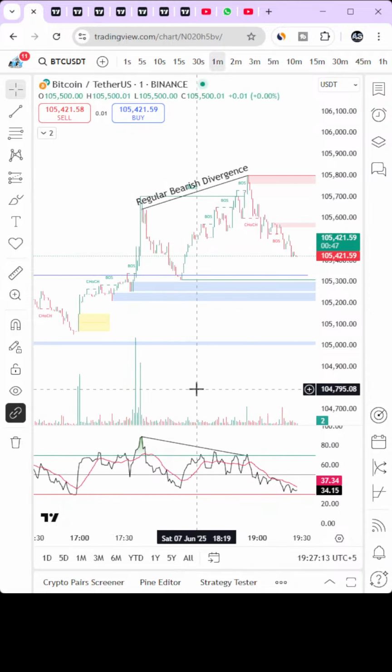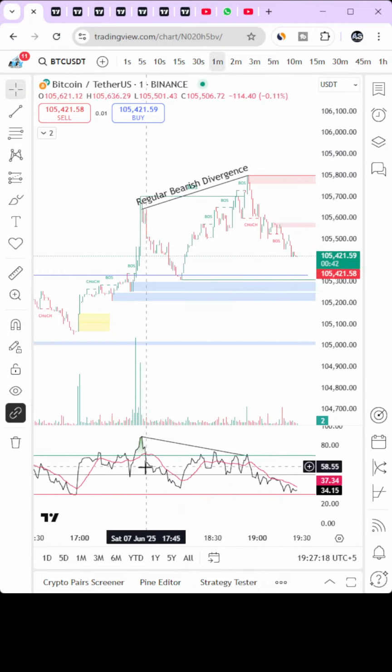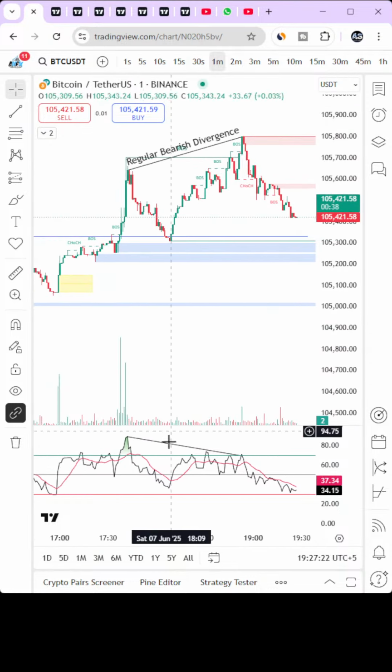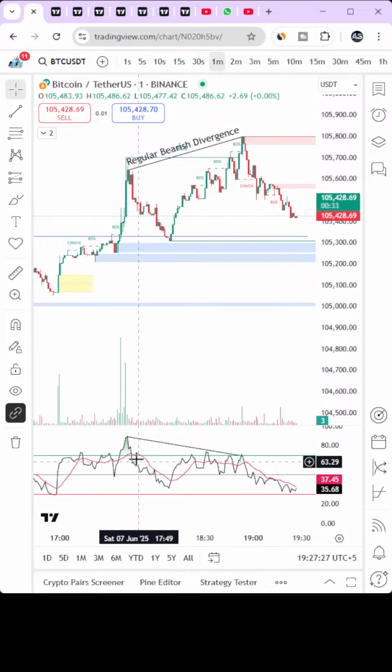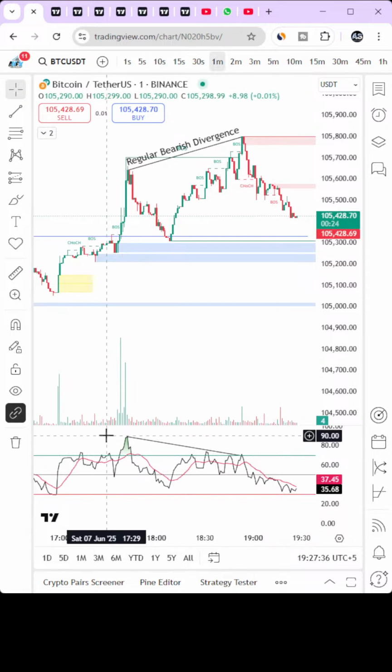Now you can see here the RSI was making higher highs, but at this point, after creating this overbought situation, which happens when the black line moves above this 70 band line, the RSI has reached up to 88, which is a very high number.